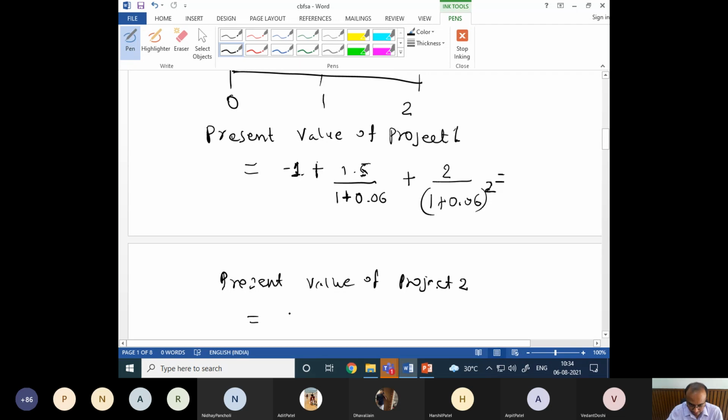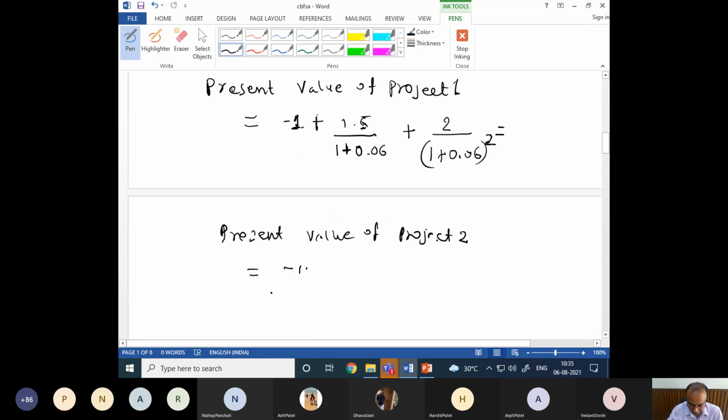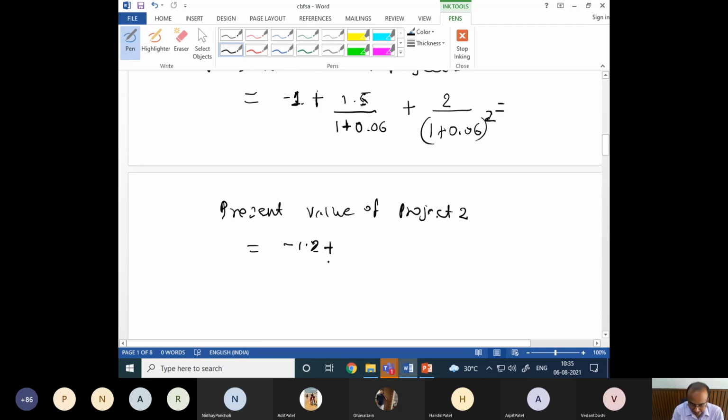Here my investment initially is not 1, but 1.2. So it is -1.2, plus this will return me 1.2 itself after 1 year.